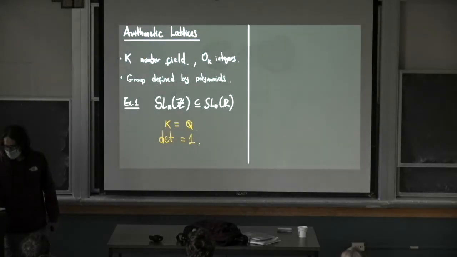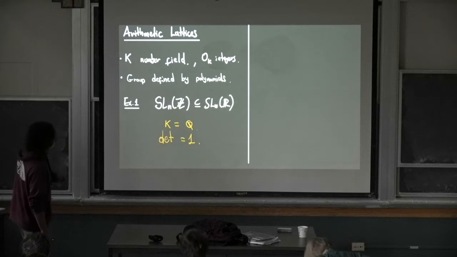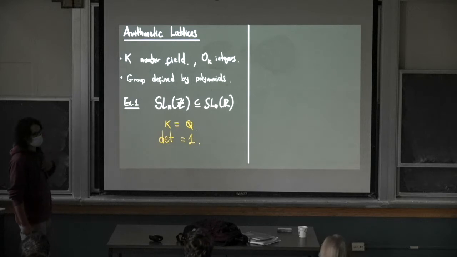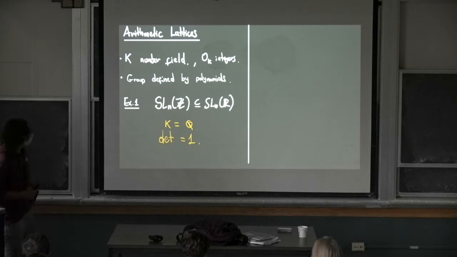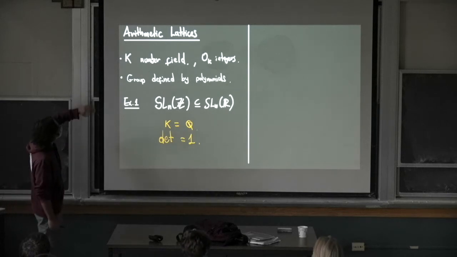So, the more important lattices for this talk are called arithmetic lattices. The definition is a bit complicated, and I just want to give you 3 examples. The first example is SLNZ in SLNR. These groups are always defined by polynomial equations with coefficients in some extension of the rational numbers.